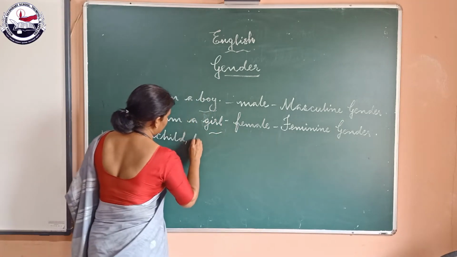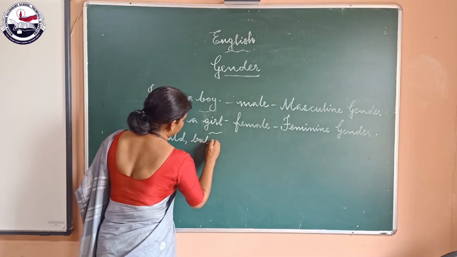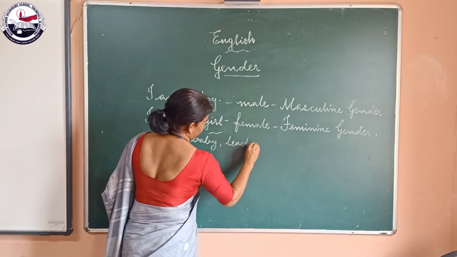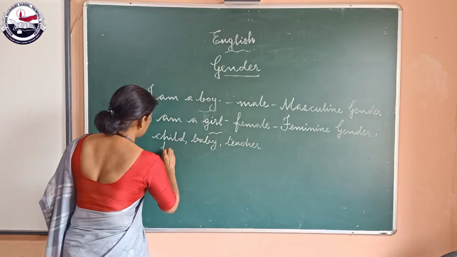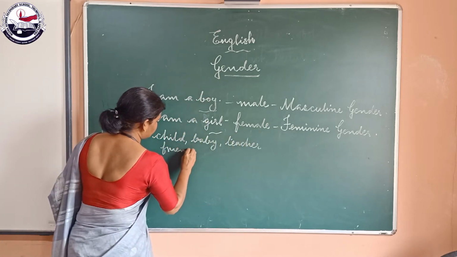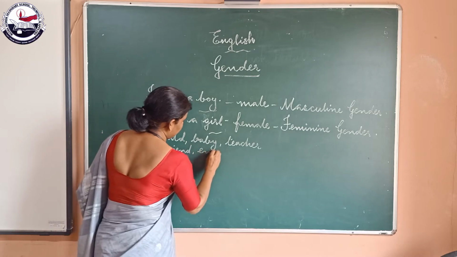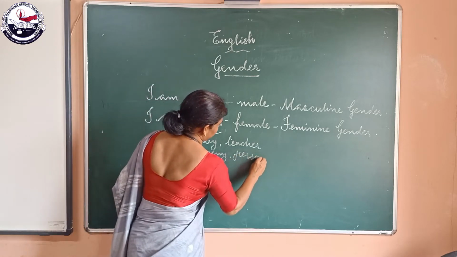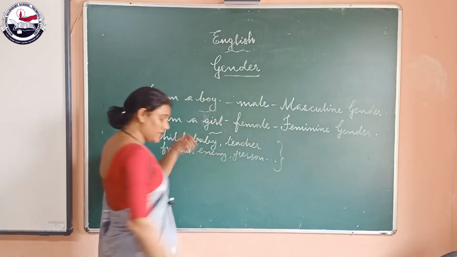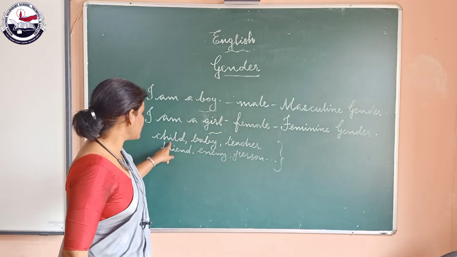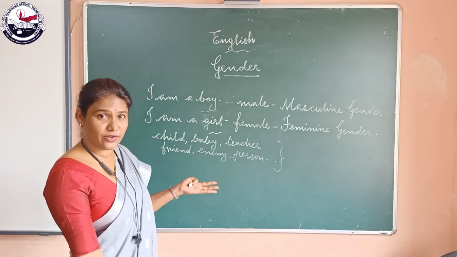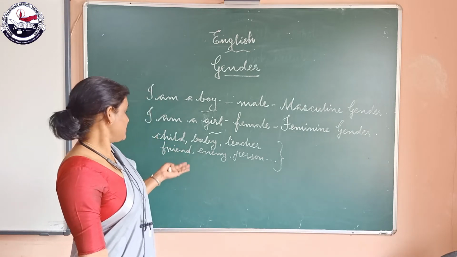Okay, I'll write some other words, children. Child, baby, teacher, friend, enemy, person, etc. See, can you identify this child? Sometimes it may be a boy or a girl, no? We are not sure whether it is a boy or girl.